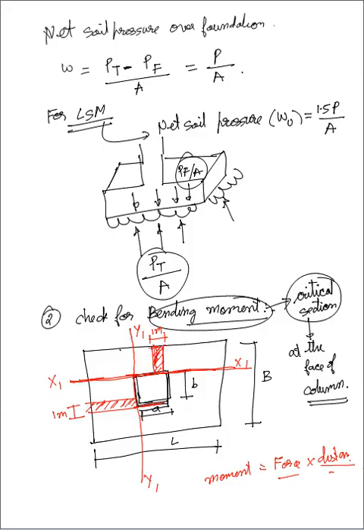I have to take the moment along x1 for strip number 1, and for strip number 2, I will be taking the weight of strip 2 and the moment along y1.